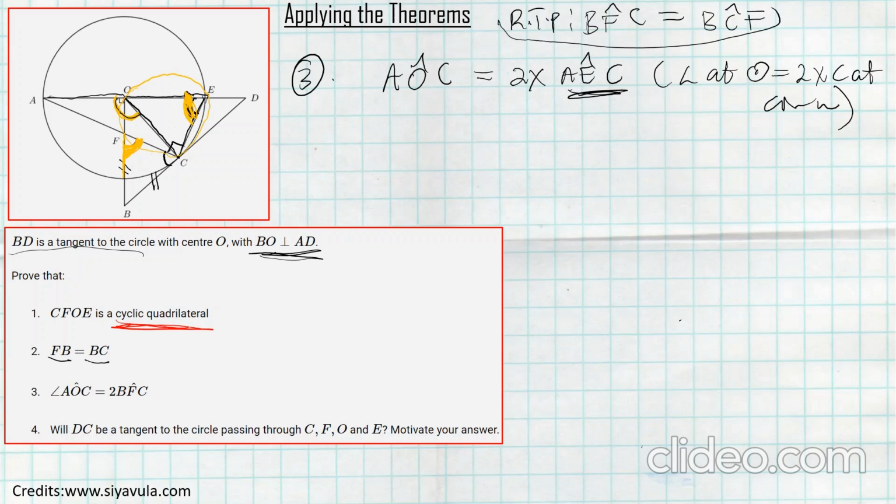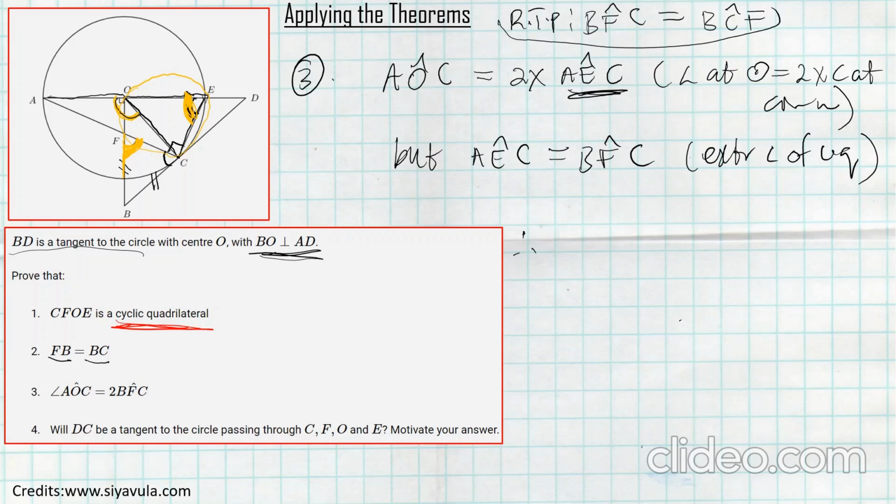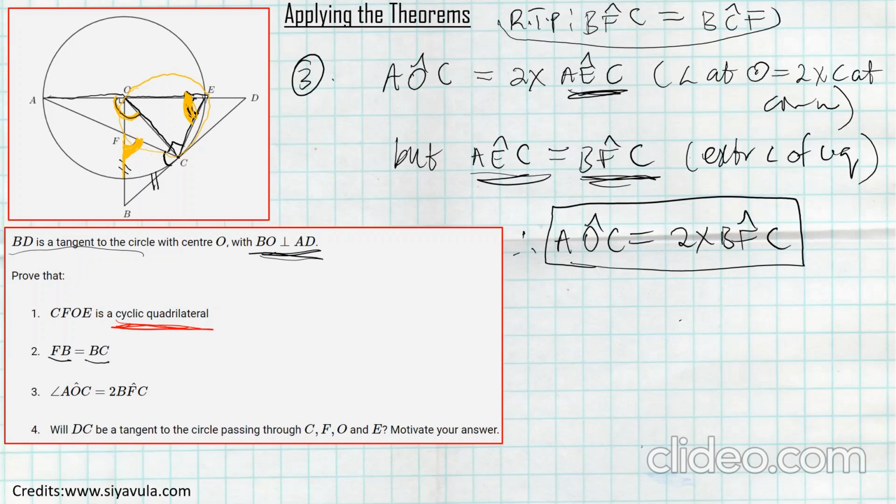Meaning that we can replace our AEC by BFC. Then we have proven that angle AOC is the same as 2 times angle BFC. Where there is AEC, because it's equal to BFC, we just replace it and you would have proven that.